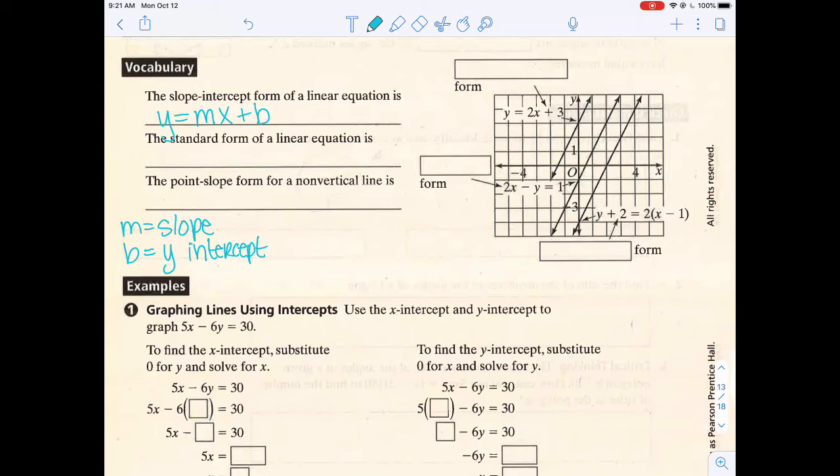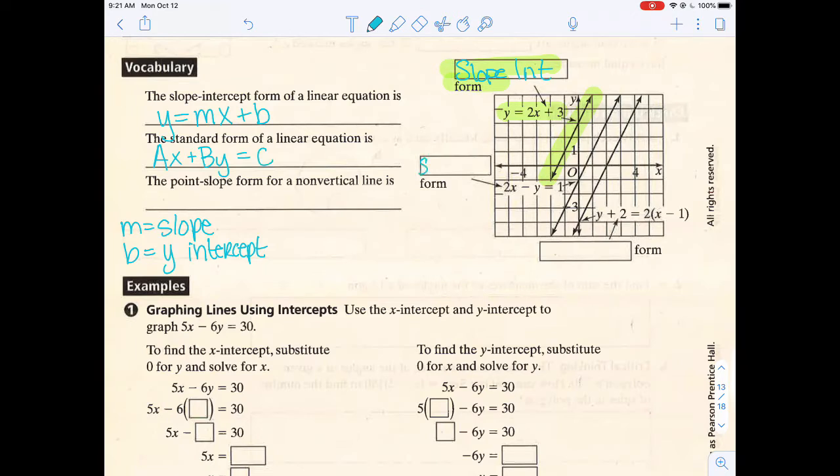Okay, so this first equation up here is in slope-intercept form. It's y equals 2x plus 3, and it's this line right here. Then the standard form of a linear equation is a times x plus b times y equals c.